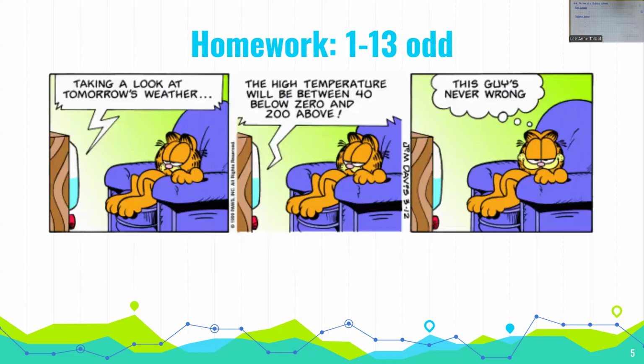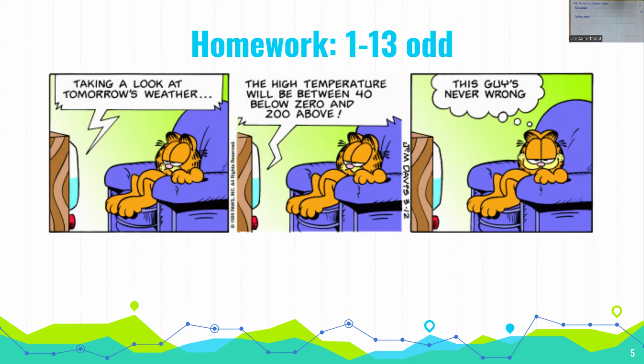Okay. So here's my joke, but it's a learning joke. It's Garfield, and he's watching the weatherman, who says, taking a look at tomorrow's weather, the high temperature will be between 40 below zero and 200 above. And then Garfield says, this guy's never wrong.